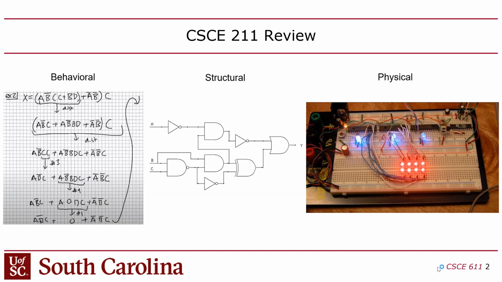And then you would have learned next in 211 that you can take a Boolean algebra expression and convert it into a circuit by taking each one of the and, or, and not operators and converting them into a logic gate, into an and gate, an or gate, or an inverter, right?